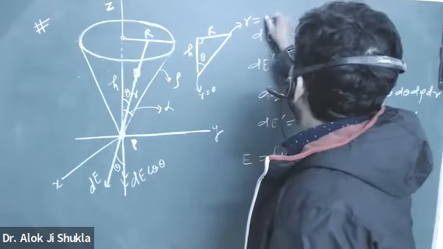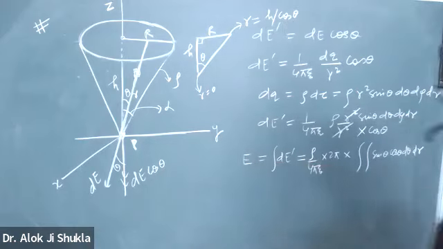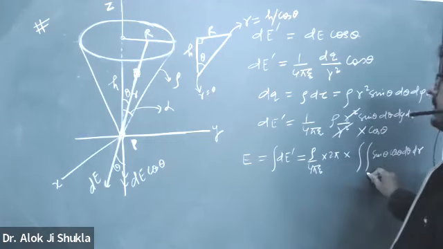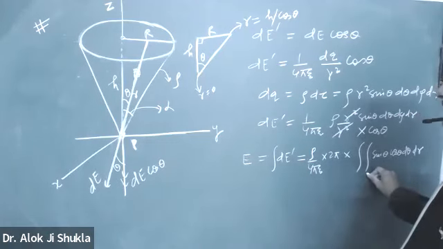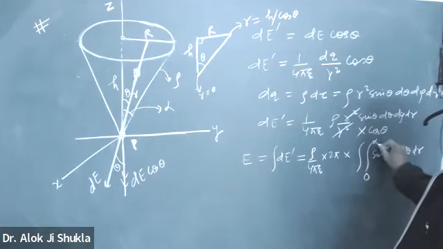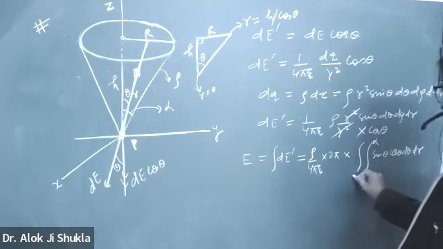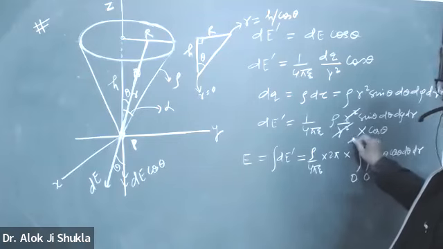So r will become h upon cos of theta. So put the limits. The theta will be going from 0 to alpha and the r will be going from 0 to h by cos theta. This is the situation.